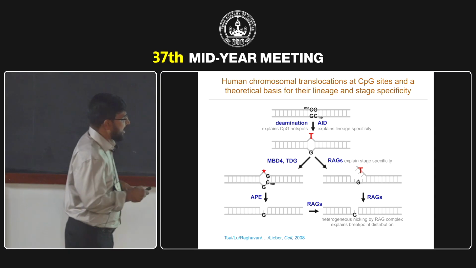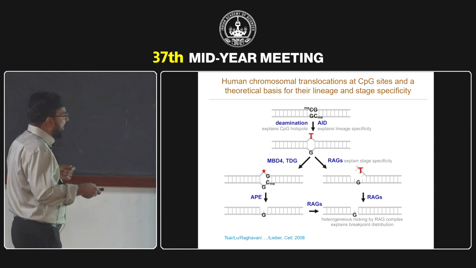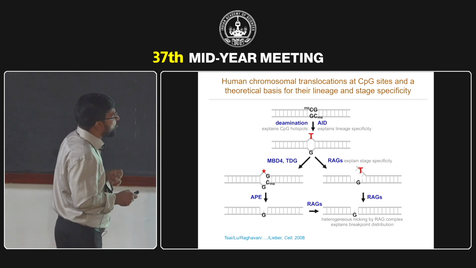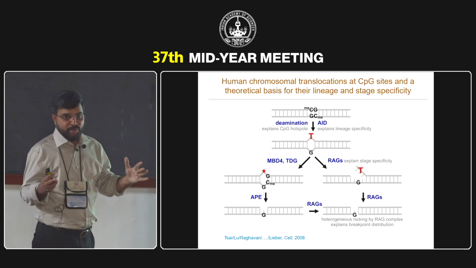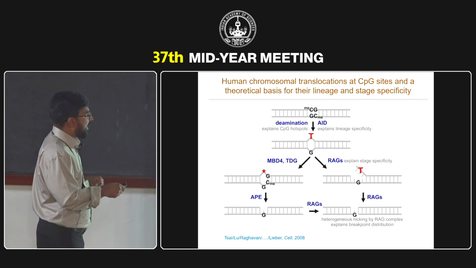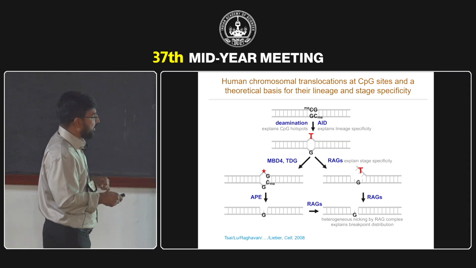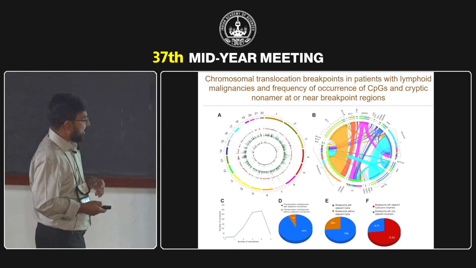Now this was a Cell paper published sometime in 2008 from my previous lab, where they found that CpGs are clustered near patient breakpoint regions, and if there is a deamination of methylated cytosine, it could lead to a TG mismatch, which causes the translocation breakpoint region.